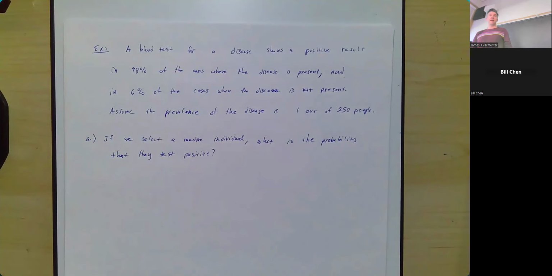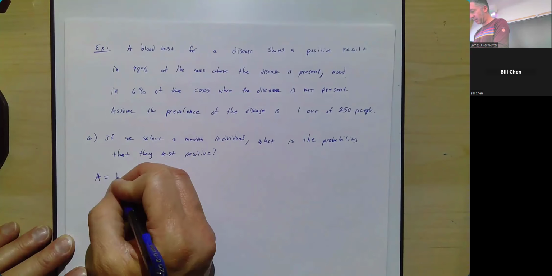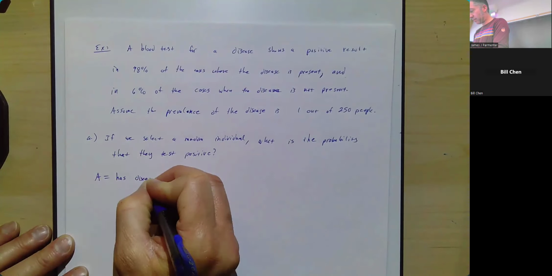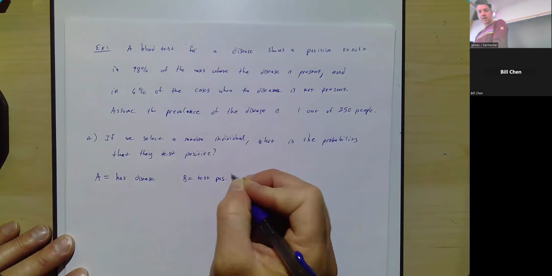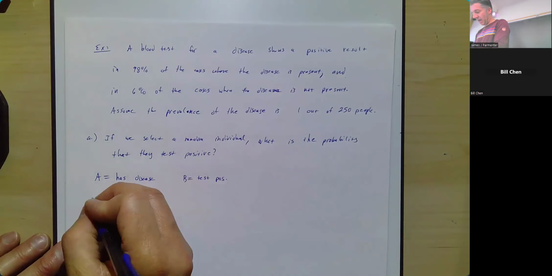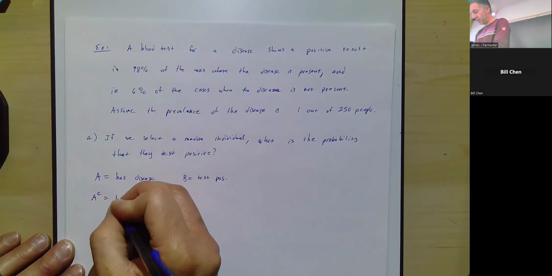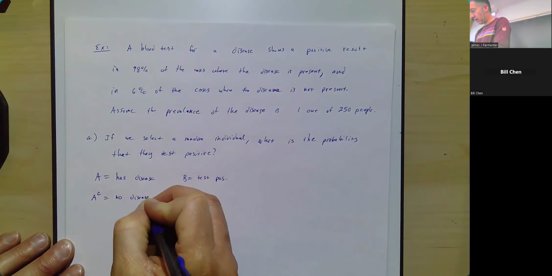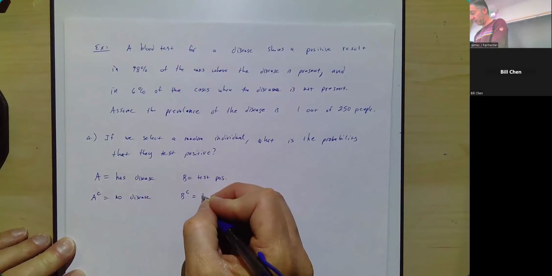I would always give things names. Often I would use a plus sign for a positive test and a minus sign for a negative test, but not going to do that here. Let's say that A is the event of having the disease, and B is the event of testing positive. Then A complement, the leftovers of A, is not having the disease. And B complement, the leftovers from testing positive, is testing negative.